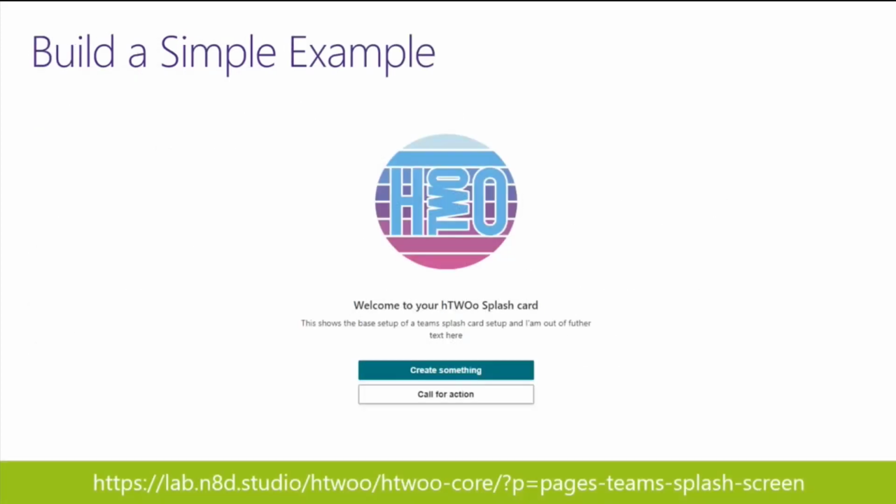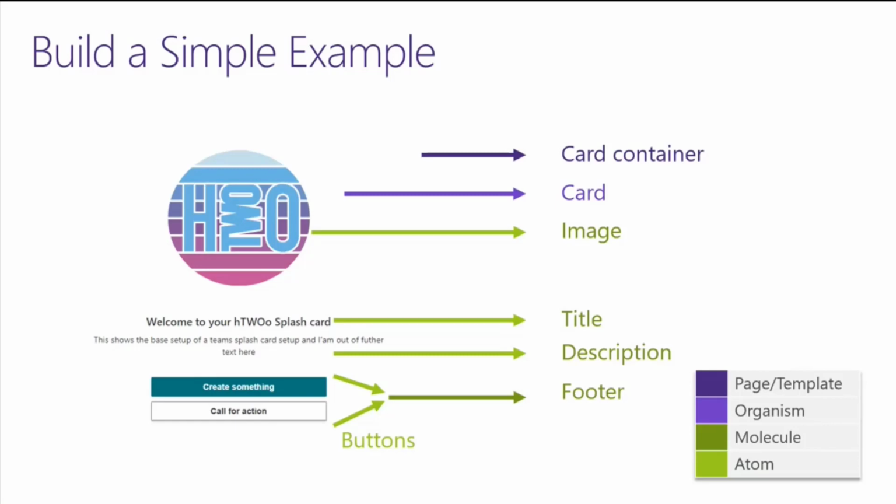This is a Teams splash card that was designed by Stefan. You can look at that, and it has multiple different subcomponents. Stefan's HtwoO and CSS is built on something called atomic design, which means he takes each one of these components and breaks them down into their smallest pieces. So we have an image, a title, a description, and buttons, and those are all what we would call atoms.